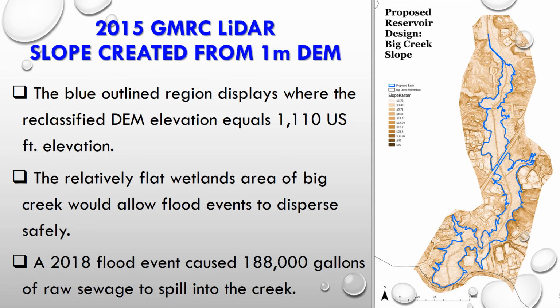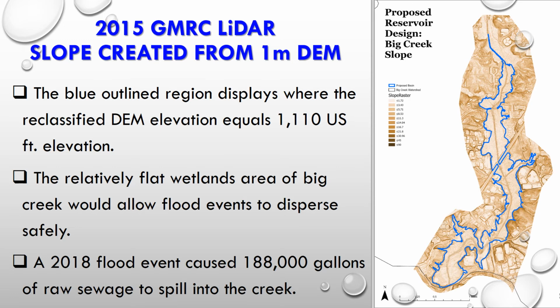A 2018 flood event caused around 188,000 gallons of raw sewage to spill into the creek. Now this reservoir can help stop this kind of unwanted environmental quality degradation from spreading downstream.